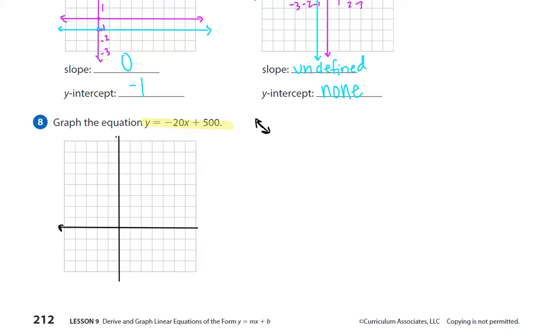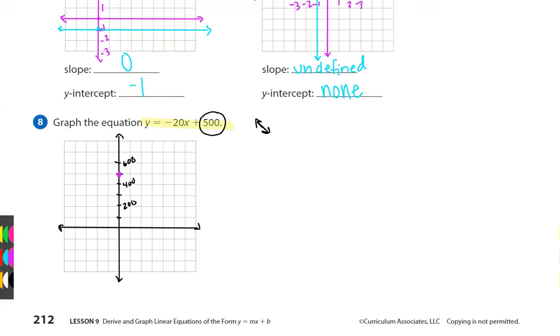Put my arrows. Okay, so there's 0, 0. And my y-intercept is 500. I'm not going to make 500 tiny lines. I'm going to make each of these 100. So 100, 200, 300, 400, 500, 600. So my y-intercept, it intercepts the y-axis at 500. So there's my first point.